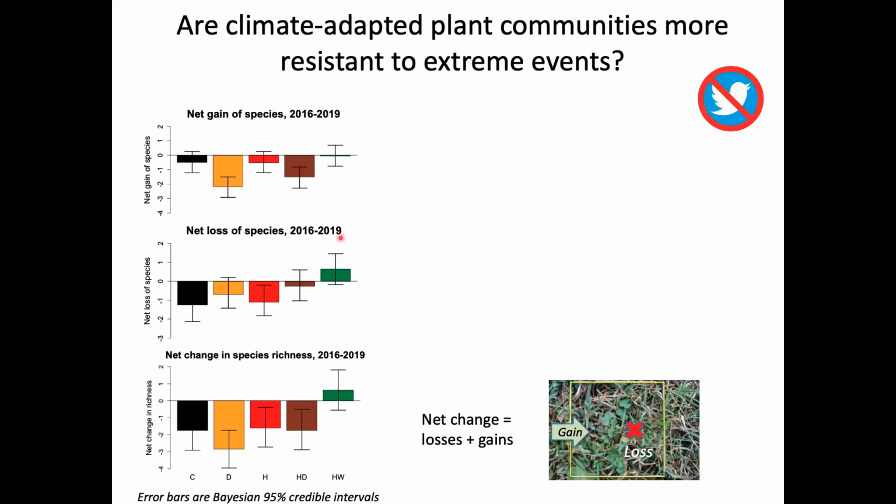So there was the sort of demographic buffering capacity, if you like, of those drought-treated communities had been impacted by the preceding treatments. And so they were unable to recharge the species as gains from the outside of those quadrats. So the treatments differed in the extent to which those processes explained species losses.